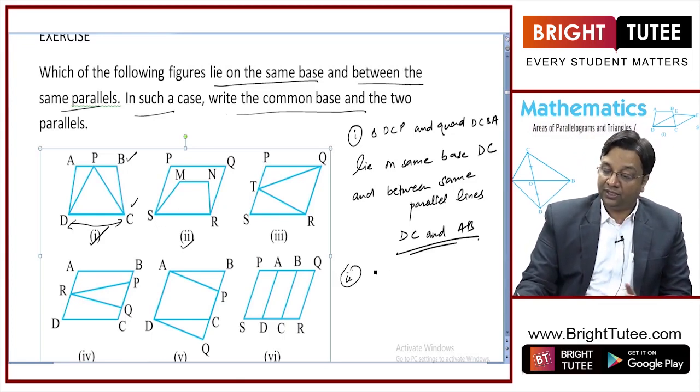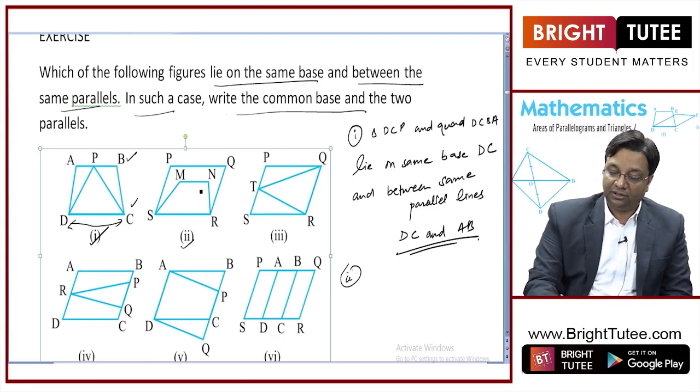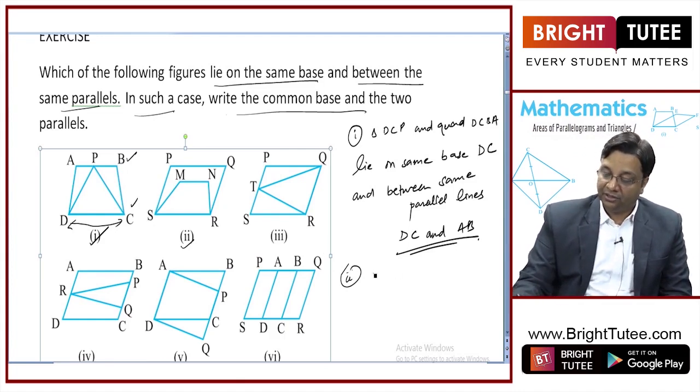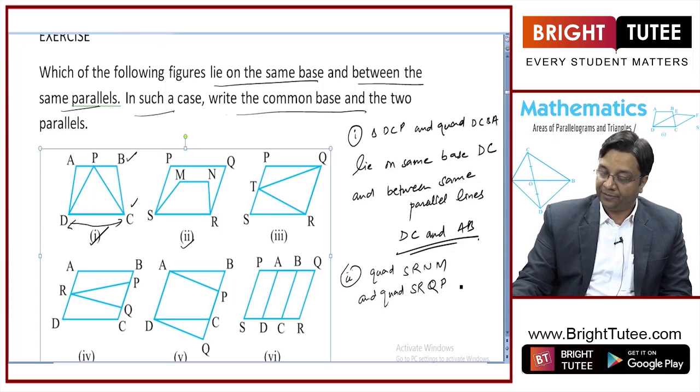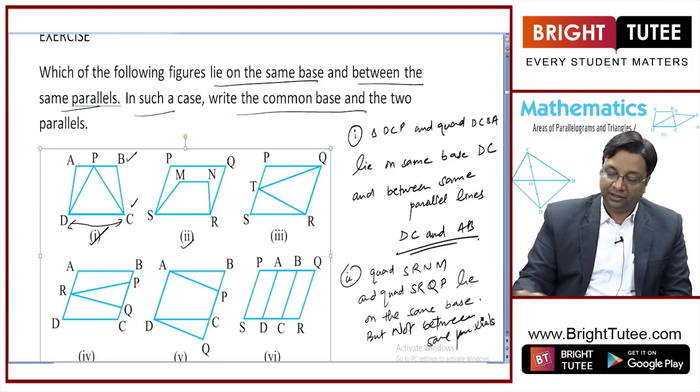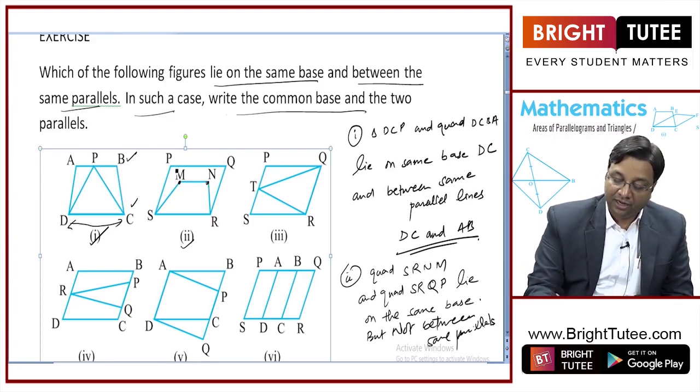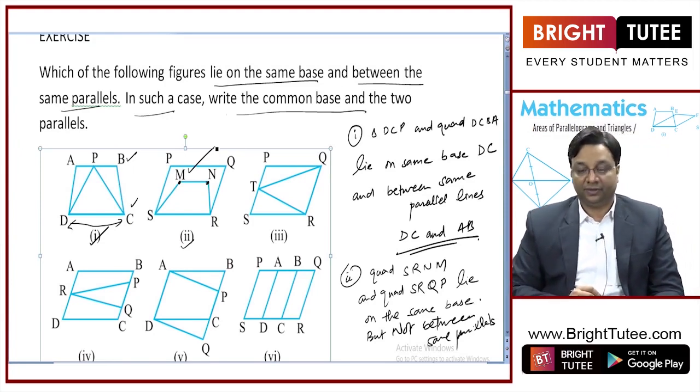Quadrilateral, or we can say trapezium SRMN, because it looks like a trapezium. So quadrilateral SRNM and quadrilateral SRQP lie on the same base, but not between same parallels, because these vertices M and N are not lying on this parallel line, right.